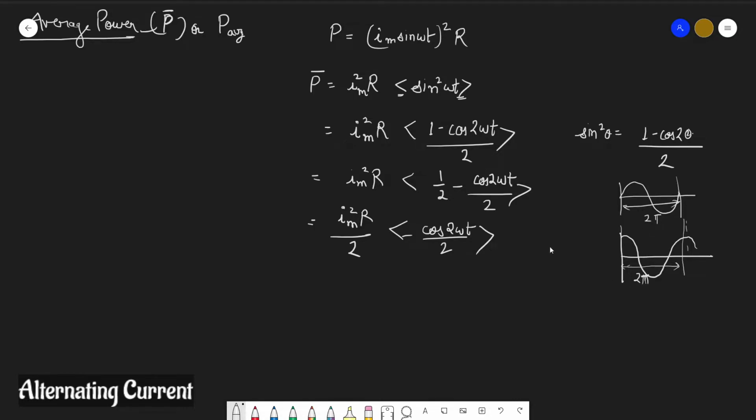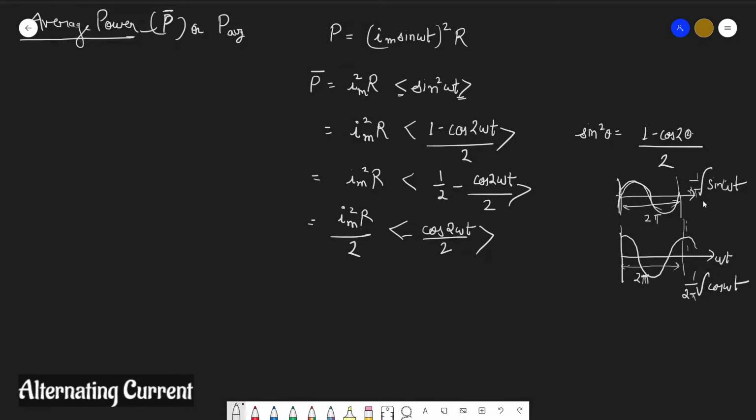Average is nothing but the area under this curve divided by the time period, that is, integration of sine omega t or cos omega t, times 1 by 2 pi.